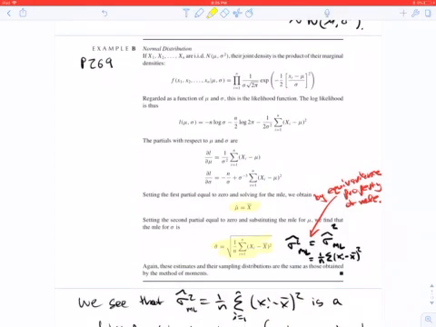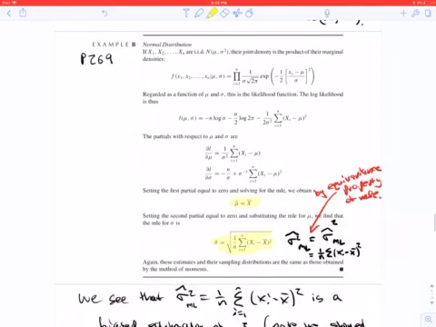That's worked out on page 269, and I'm not going to go through this straightforward MLE calculation, but the MLE for mu is just the sample mean, and the MLE for sigma is the square root of the formula shown here, which notice is different than the sample standard deviation.